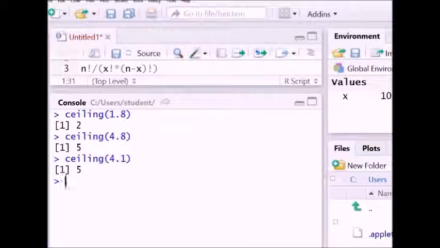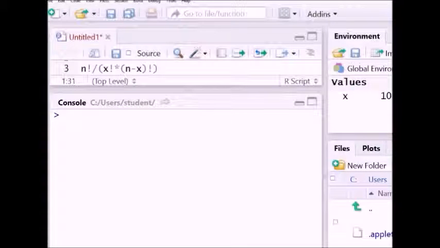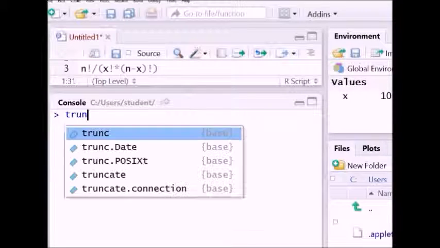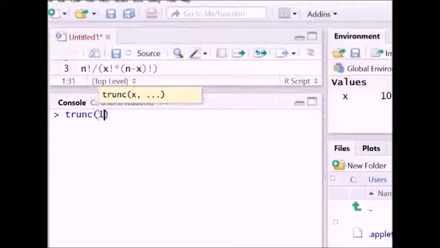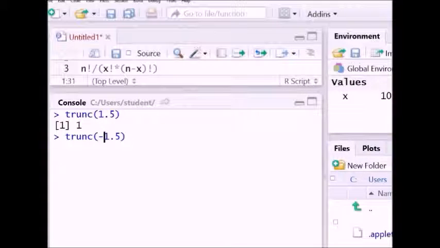Now, there is another function called trunc. For the closest integer to x between x and 0, we use the trunc function. Now, see this particular trunc. trunc 1.5, the answer is 1, trunc of minus 1.5 is minus 1.